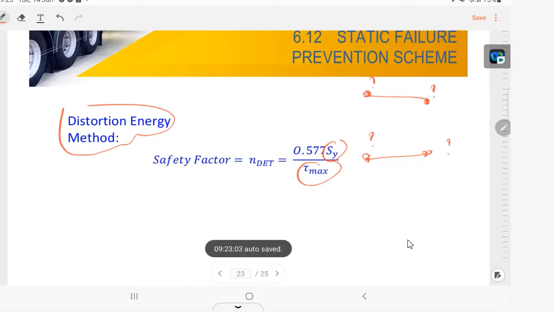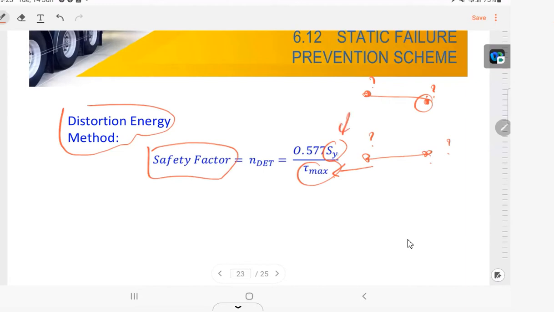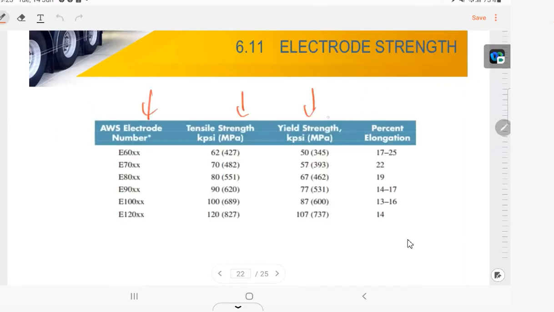So from which location the shear stress is the highest, just take the shear stress and then put here, then you get the safety factor. So this is based on the yield strength. Take the yield strength of the rods.